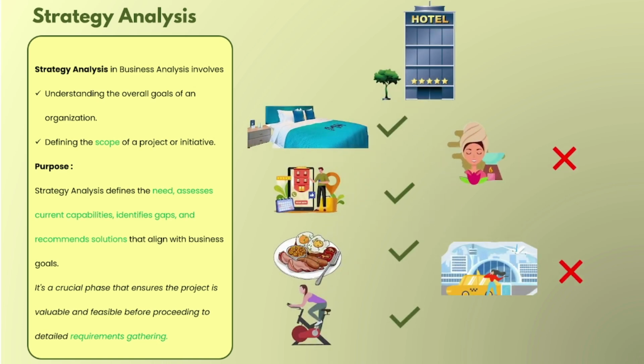When you book any hotel room, or when you approach any hotel, then you choose the type of room, the number of nights, breakfast included, and access to the gym. So all these things are in scope, means these things you will get. But spa services or airport pickup or penthouse suite aren't part of your booking.